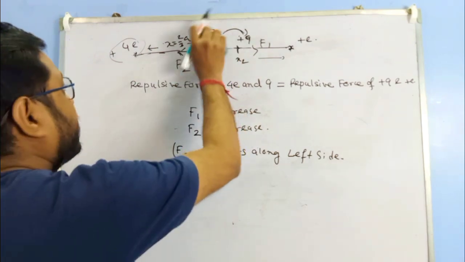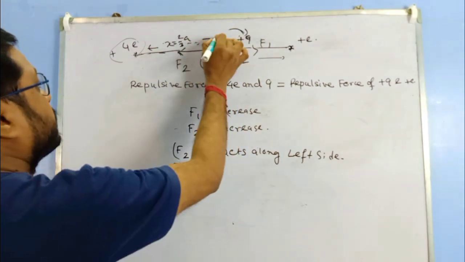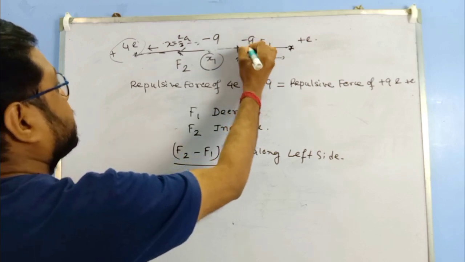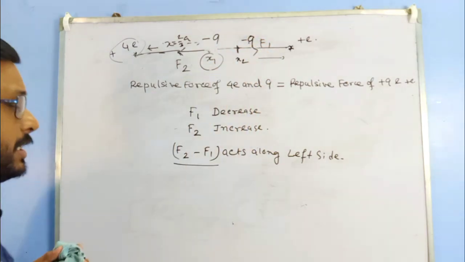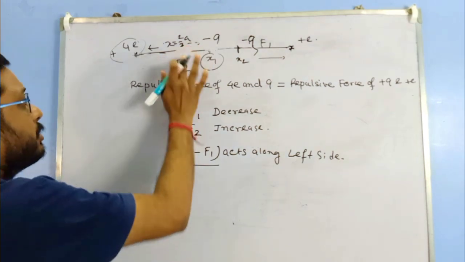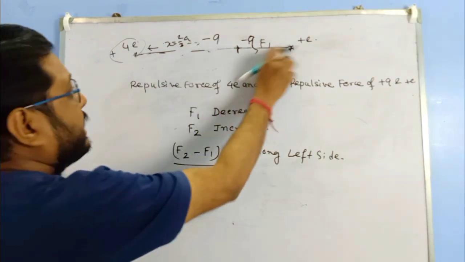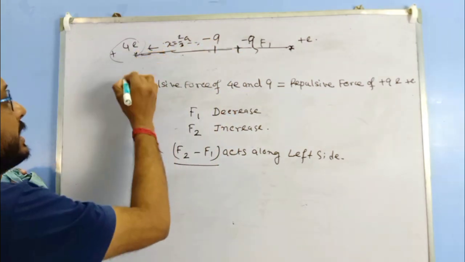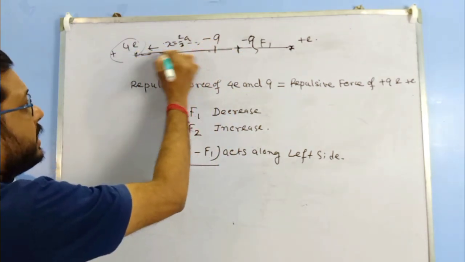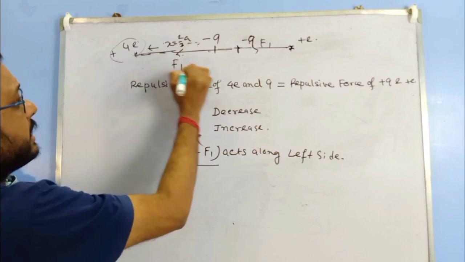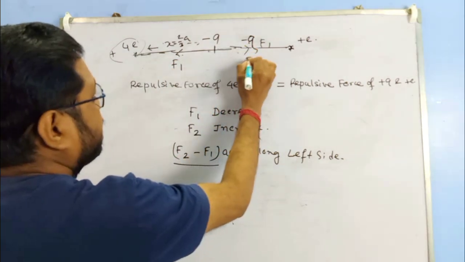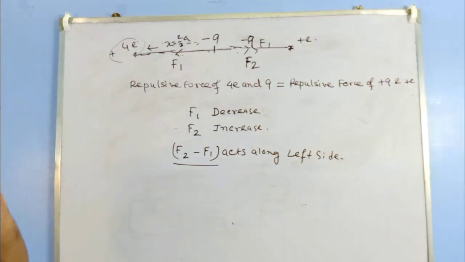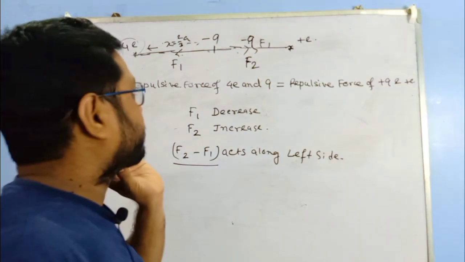But if we put a charged particle minus q, that is, if the sign of q is negative, then what will be the direction of F1 and F2? In that case it will be a force of attraction, so F1 will be directed along the left side and F2 along the right side. Thus it is just the reverse of the previous phenomenon.